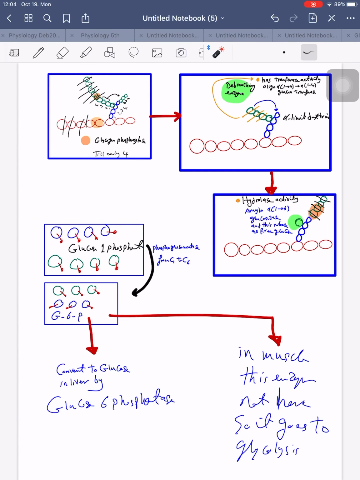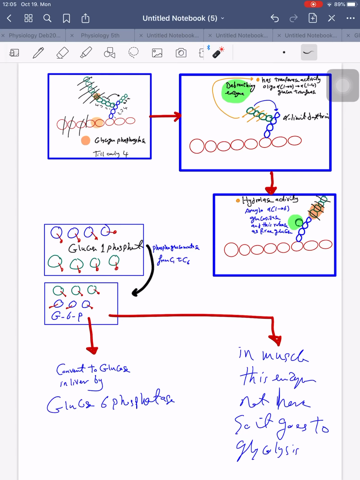So all the glucose released by glycogen phosphorylase are released in the form of glucose 1-phosphate, while the last branching one was released by debranching enzyme in the form of free glucose.